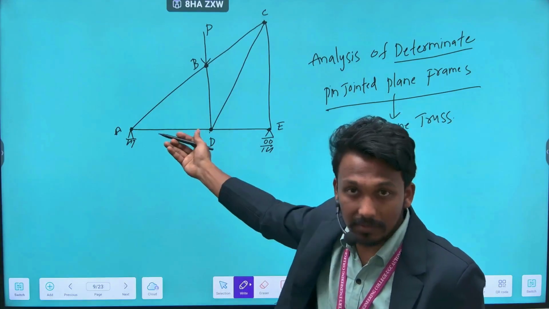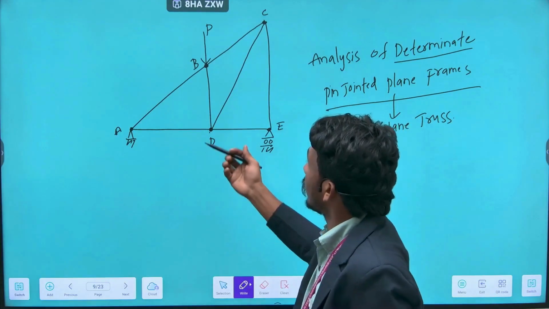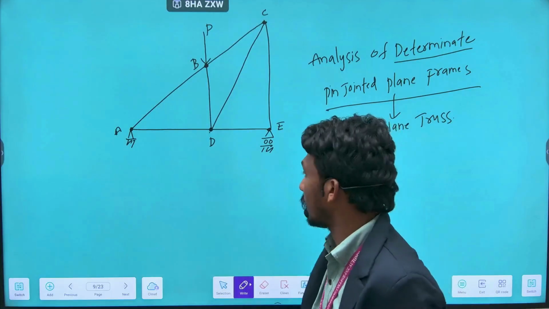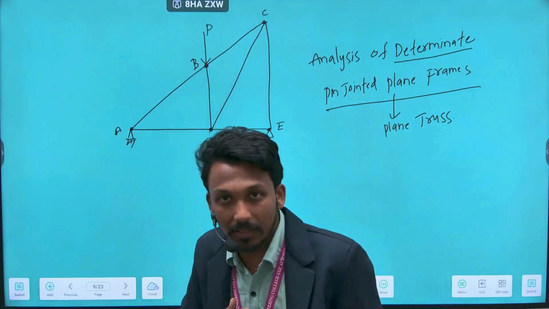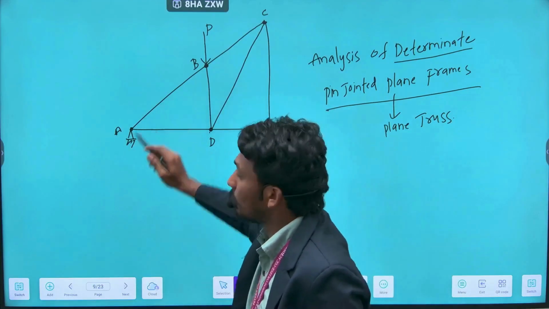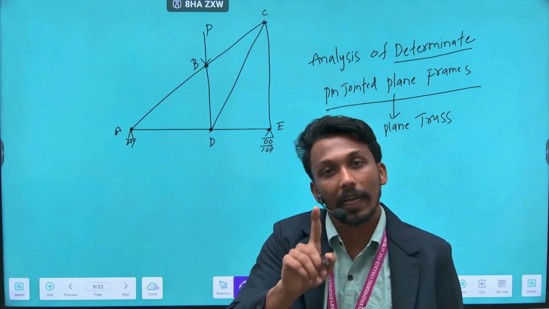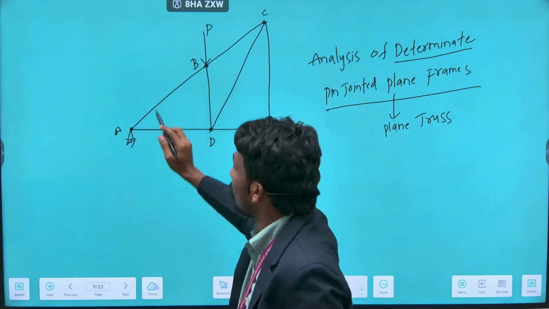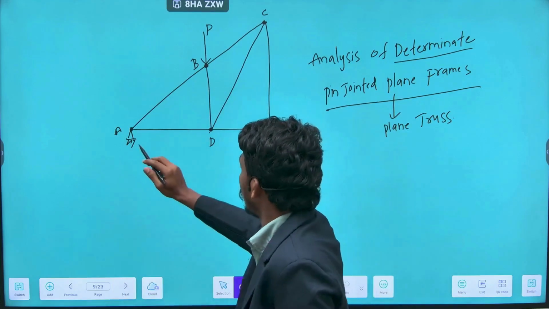So here the structure is a truss. Let us see the total number of unknown forces here. As we have discussed, the members carry only axial force, so each member will carry only one internal force. So each member will have one unknown force, plus the support reactions.